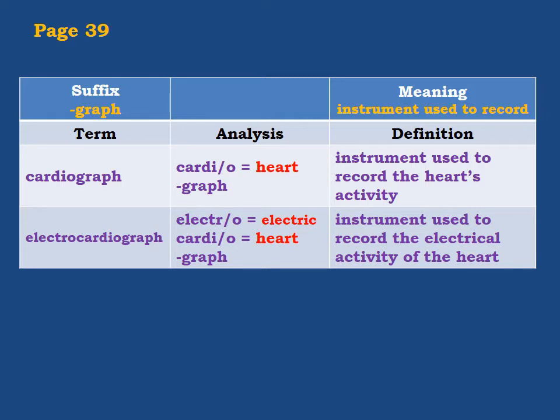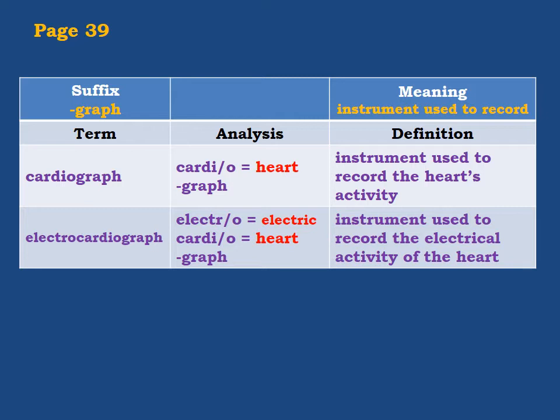The next term, electrocardiograph. Here you see the word is a little bit long. That's why we have two roots here. The first one, electro, and the other one, cardi. And of course, we have a suffix graph. The meaning of electro is electric, from electricity.